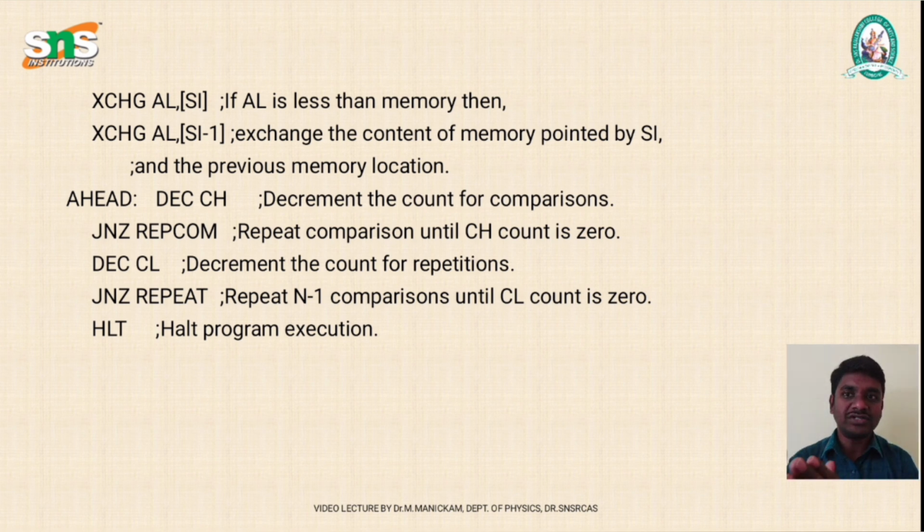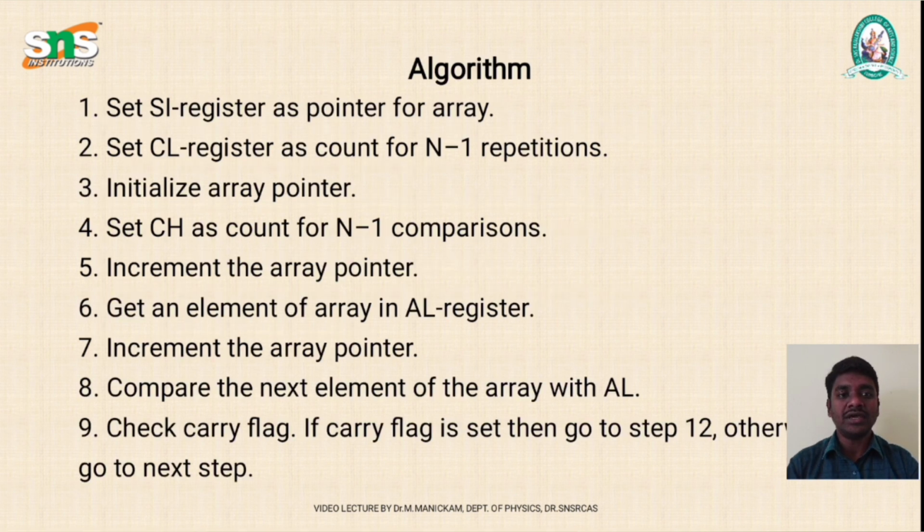We compare the first data with the second, third, fourth, up to the seventh data. Then we take the second data and compare it with the others. Then only can we find which one is smaller and which one is larger. Based on the findings we arrange the numbers in ascending order.